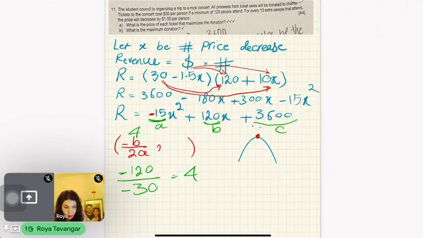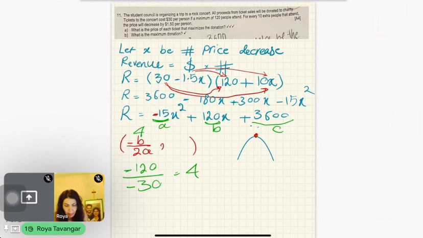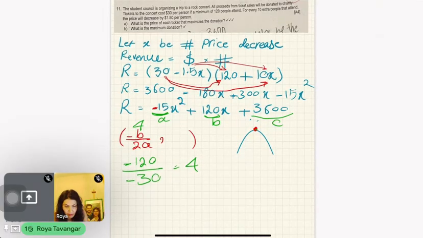So the first part asks what is the price of each ticket that maximizes donation. Right now I'm reading the question: what is the price of each ticket that maximizes revenue?